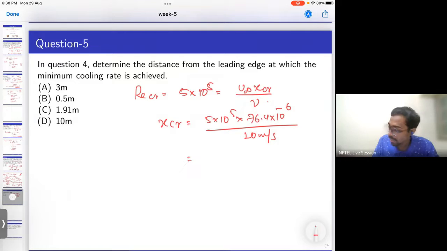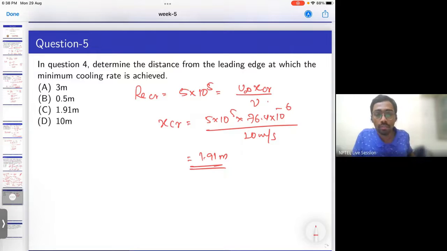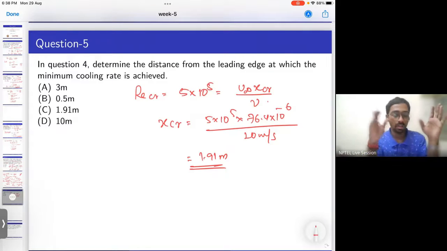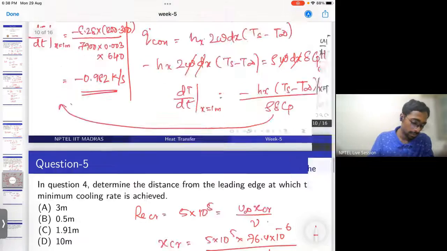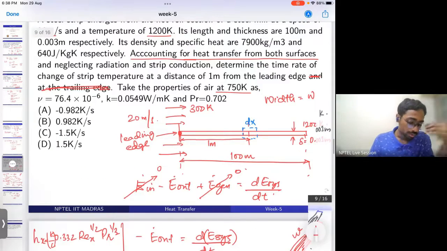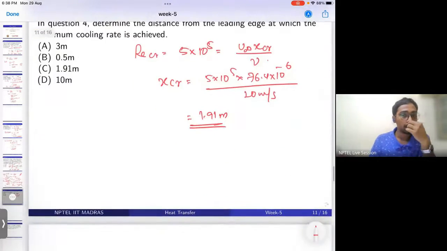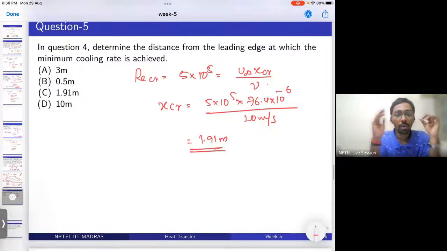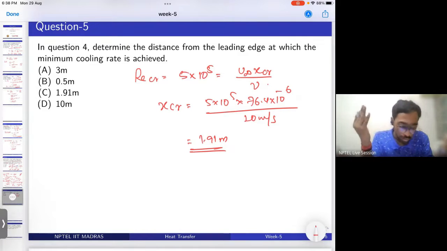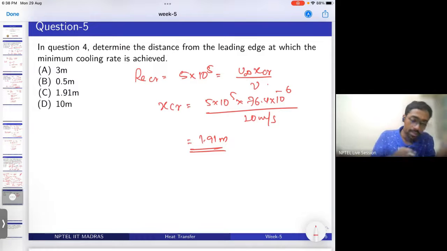So you will get the answer as 1.91 meter. The total length of the steel plate mentioned is 100 meter, right? So at a distance of 1.91 meter from the leading edge, the flow transitions from laminar to turbulent. You will study that maybe in the coming classes.